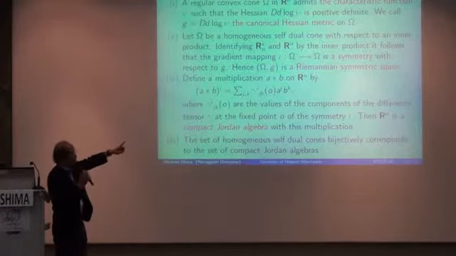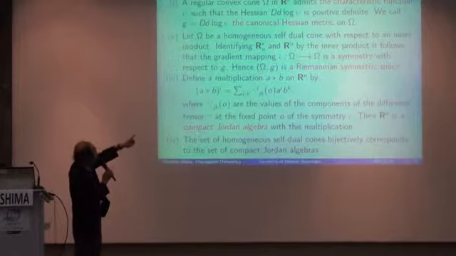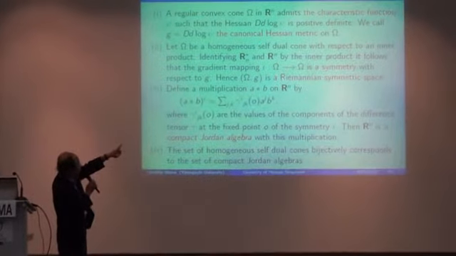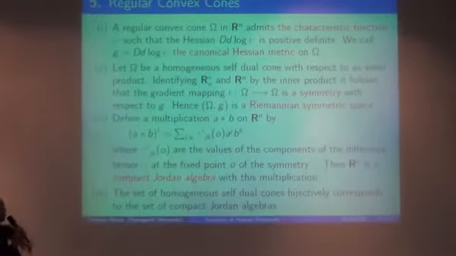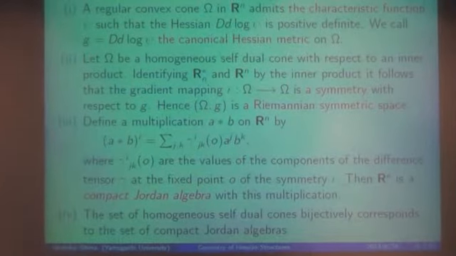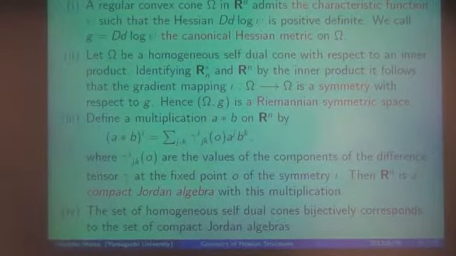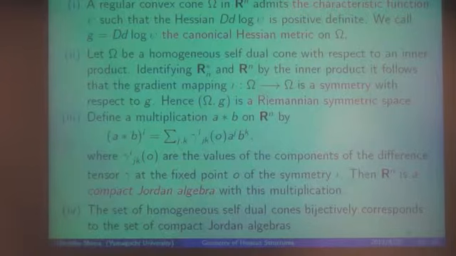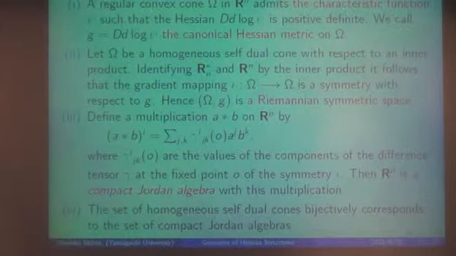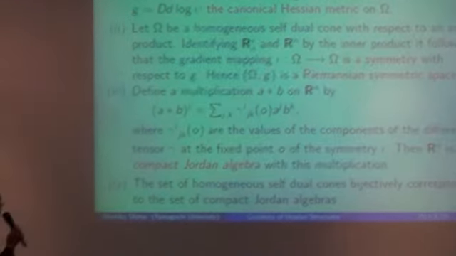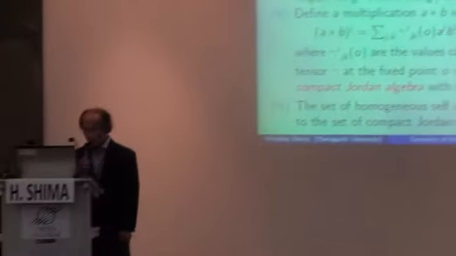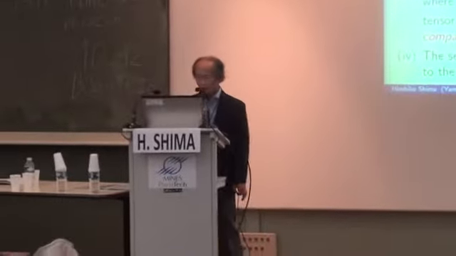In this case, by the self-duality, omega star equals omega. And iota is a symmetry with respect to the Riemannian metric g. Hence, the Riemannian space omega, g is a Riemannian symmetric space.